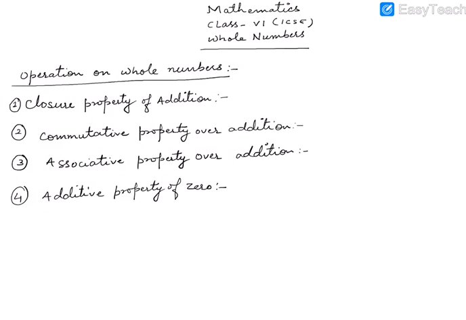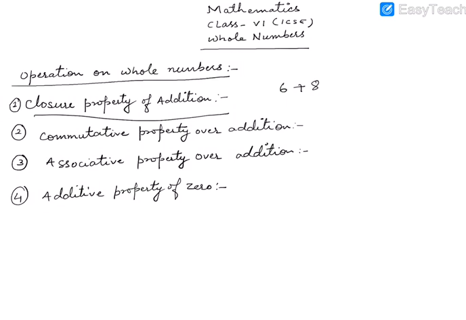What is the closure property of whole numbers? It says that when we add two whole numbers, the result is also a whole number. Suppose I am writing 6, this is one whole number, and this is the second whole number.